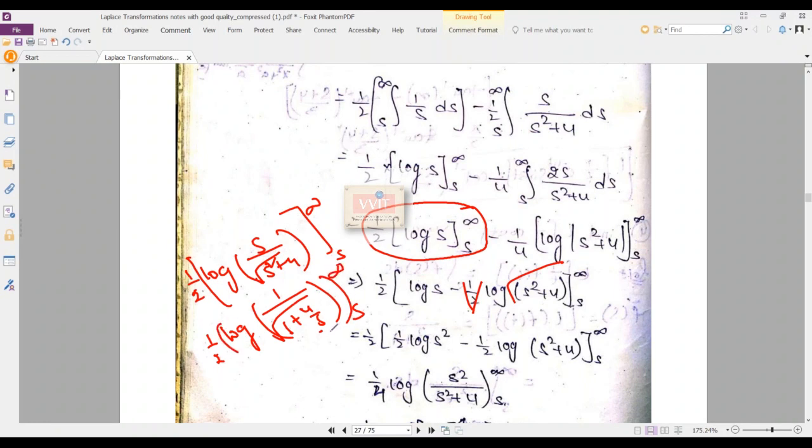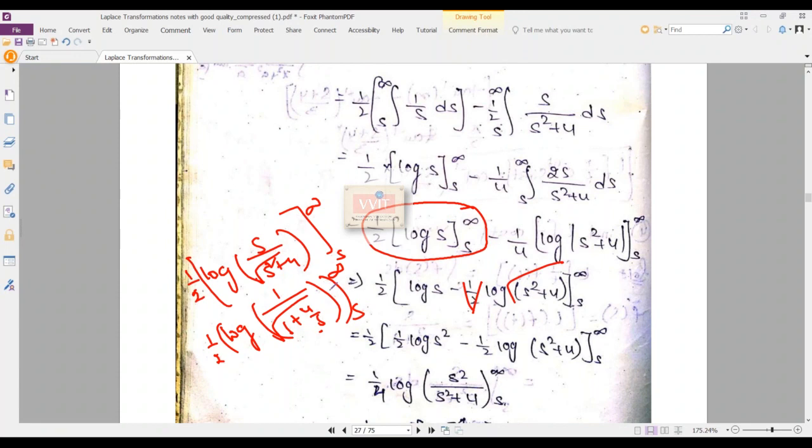Once again, if I take s common in both the numerator and denominator, root s square is s, so s can be cancelled, and I will get 1 by under root of 1 plus 4 by s square.